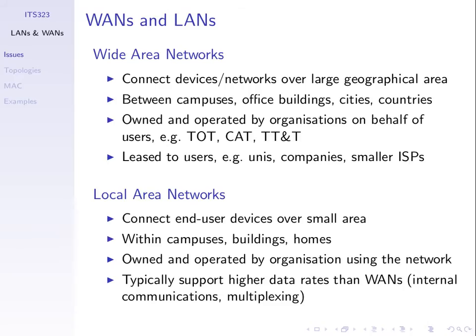Okay, so LANs are usually higher data rates than wide area networks, because the local area network supports not just communications from me out to the internet, but also me to other internal locations. So it needs to support more data. But there are some exceptions to that. It's not always true.